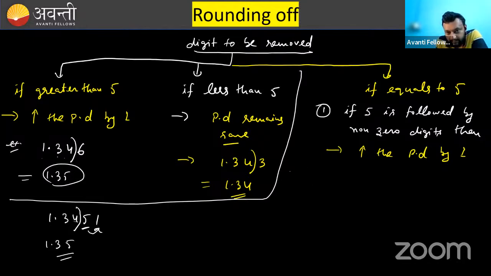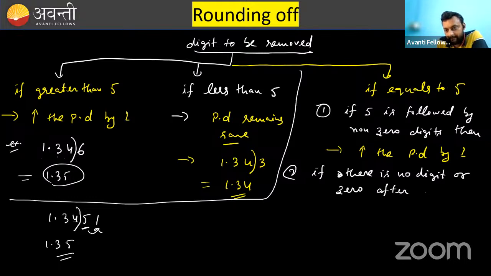Second point: if there is no digit or 0 after 5. One thing is that 5 is followed by some non-zero digit.